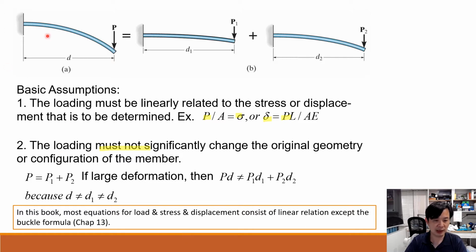So this type of problem in assumption 2 won't be a problem in our textbook. Of course, there's one thing we need to be careful about: buckling. This is in chapter 13. In this case, there may not be a linear relation, so you cannot directly apply the superposition method in this chapter.